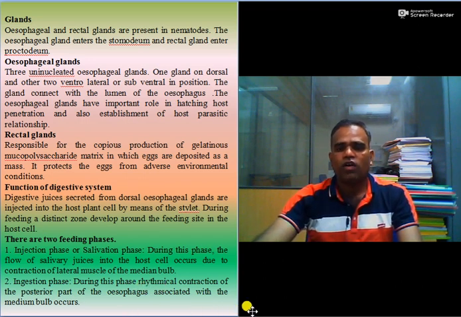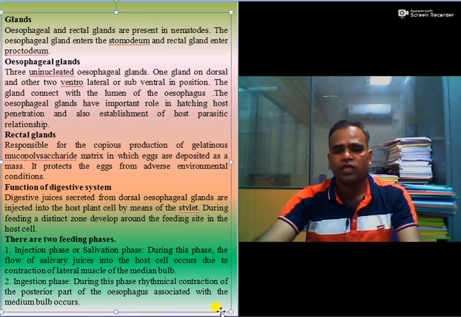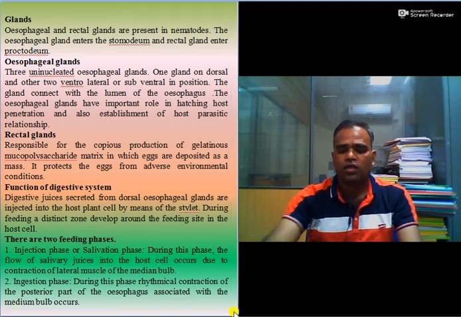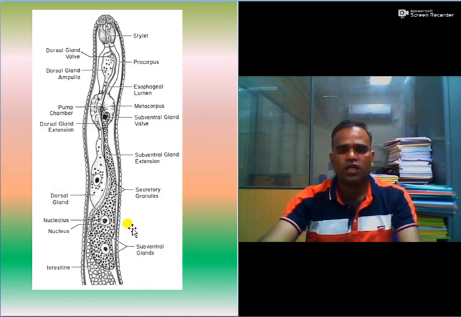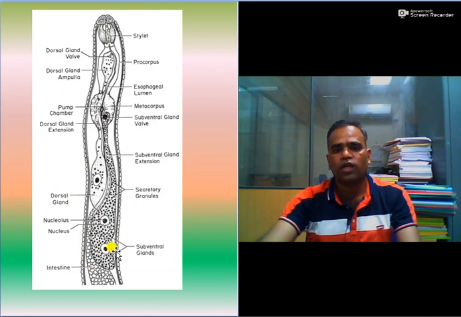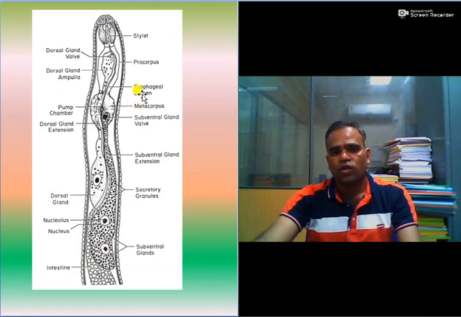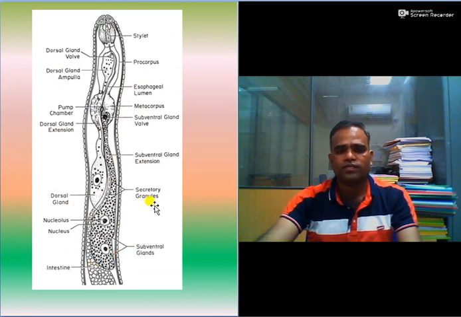So this is all about the glands of this nematode. This is the figure, you can see the dorsal gland, subventral gland, procorpus, metacorpus, all these things once again.